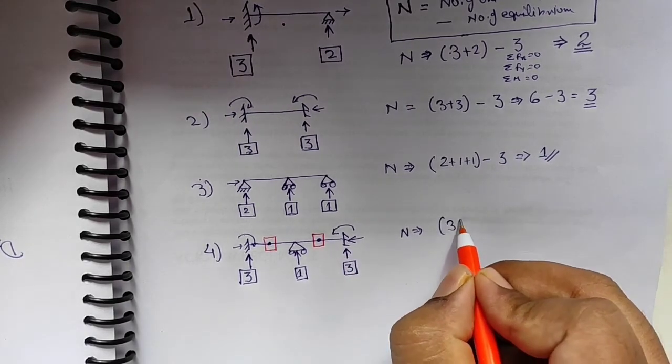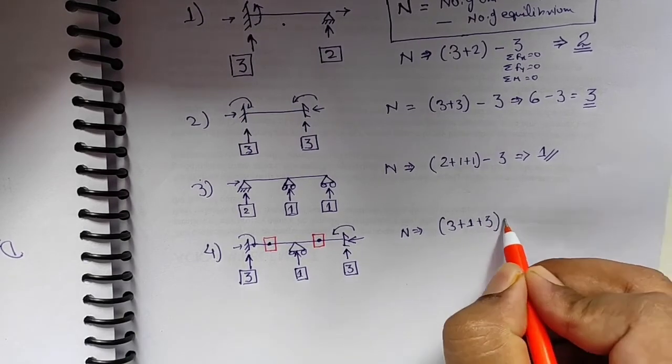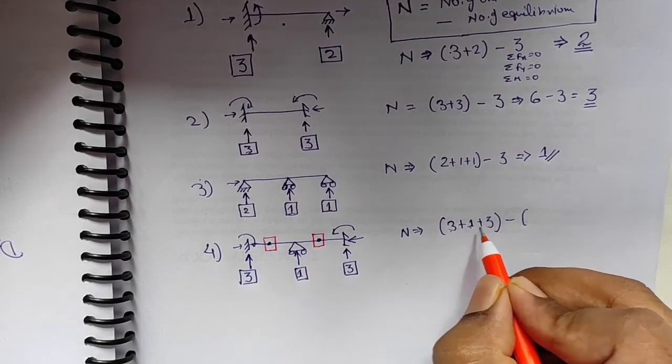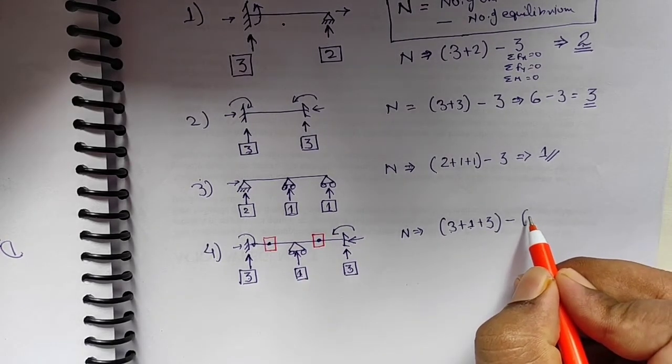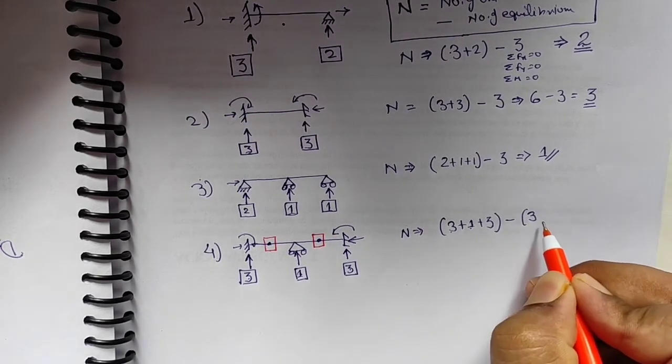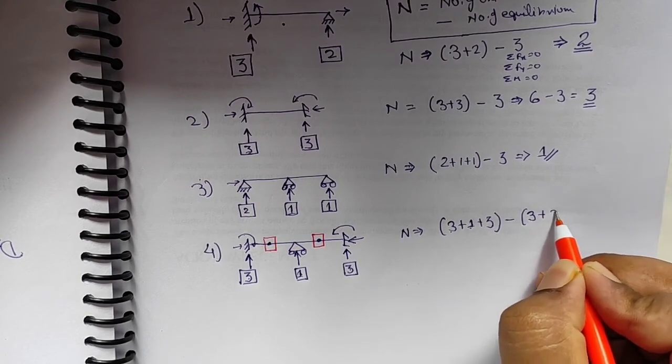So my equation to find the determinacy will be 3 plus 1 plus 3 as the number of unknown reactions at these supports, and the number of equilibrium equations is 3, and I have to add here 2.